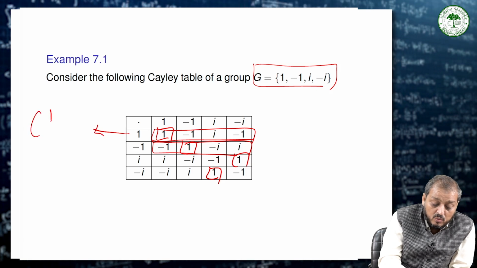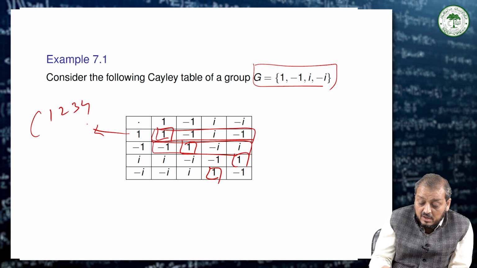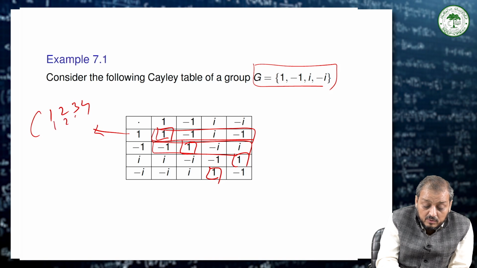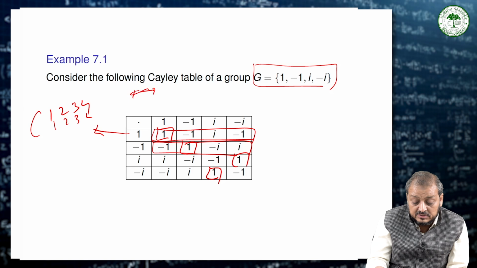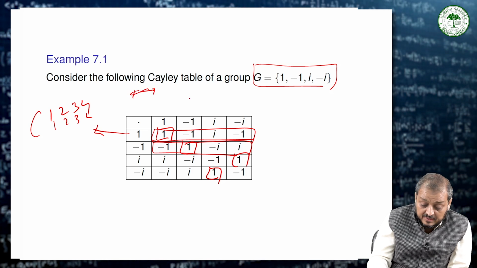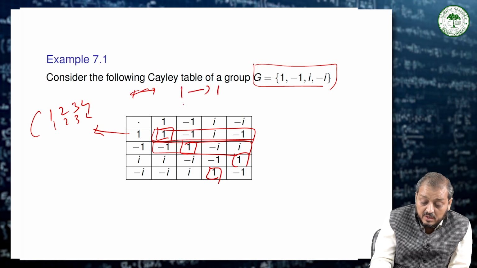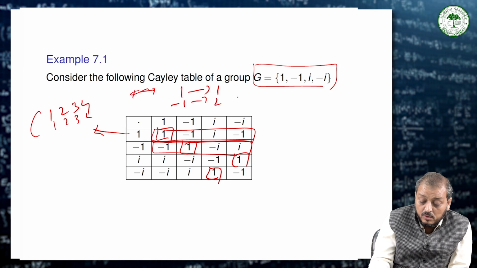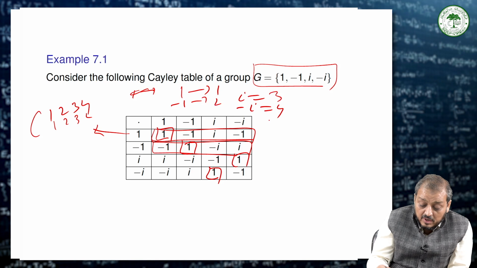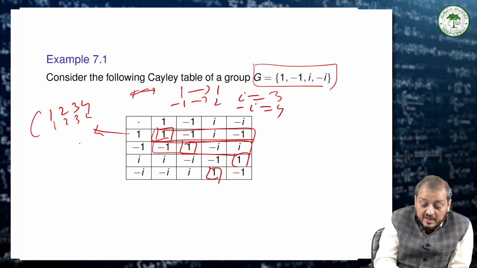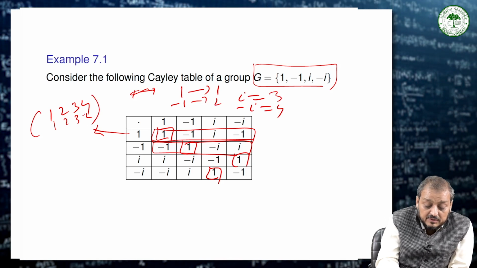I take 1 2 3 4, and this is equal to the same 1 2 3 4. I take 1 is equal to 1, -1 is equal to 2, i is equal to 3, and -i is equal to 4. So I replace it here just like this. So in permutation form, this is the identity.